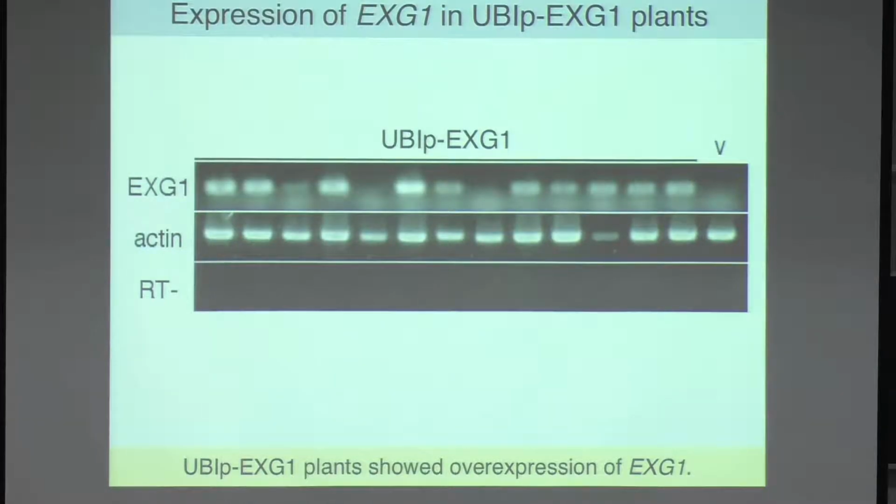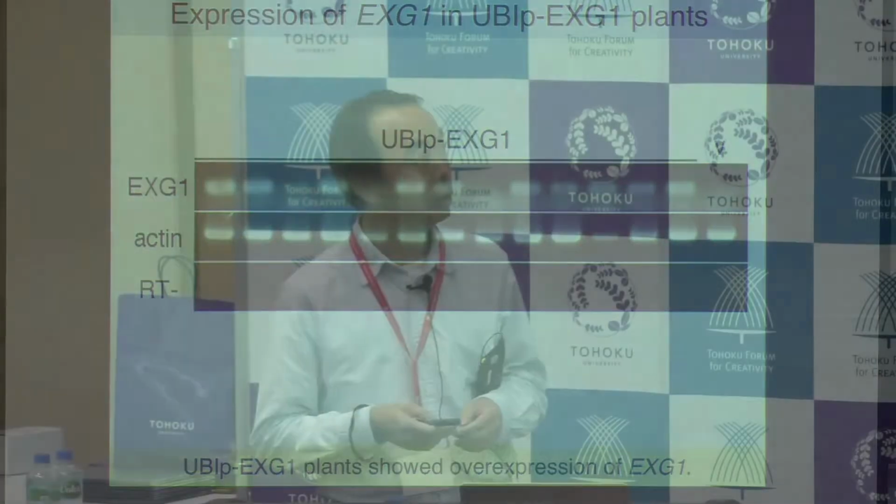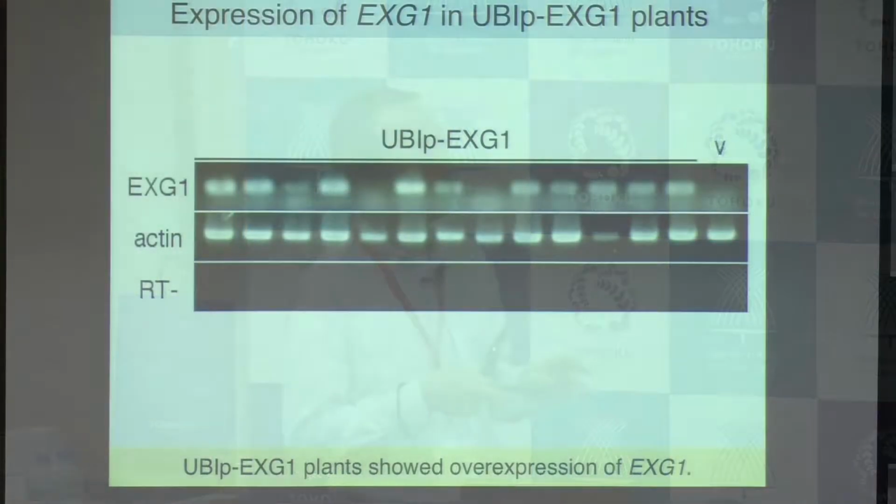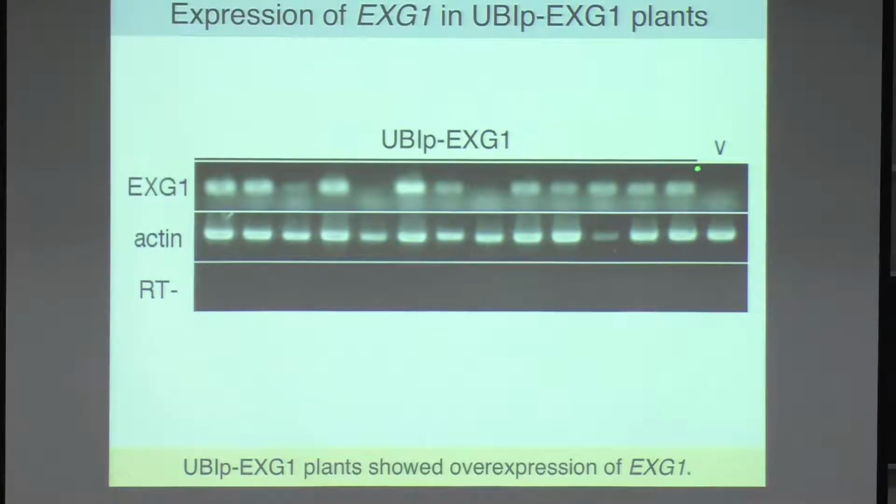First, we checked the expression of the introduced gene, EXG1. This is the control plant transformed with an empty vector, and under this condition, no expression was detected in the control plant. But in the overexpressing plants, we observed various levels of expression of the introduced gene.